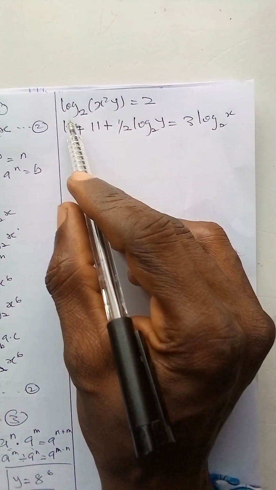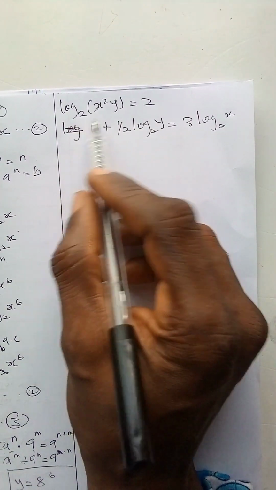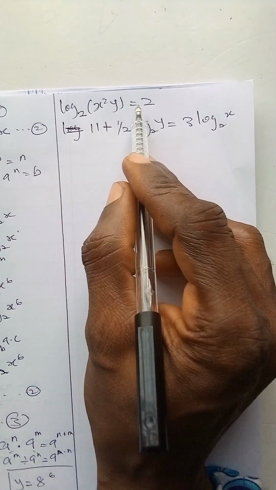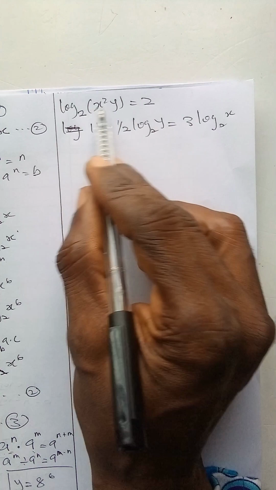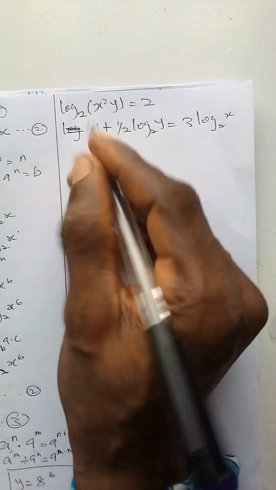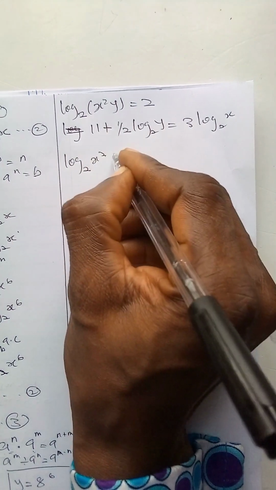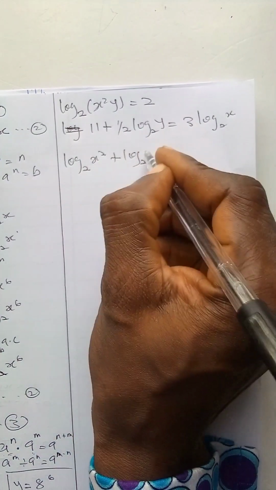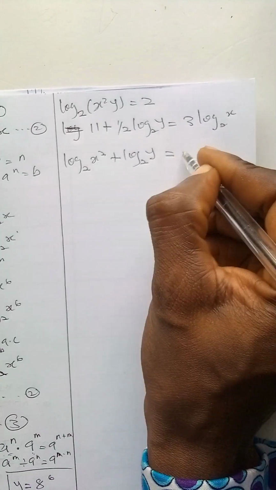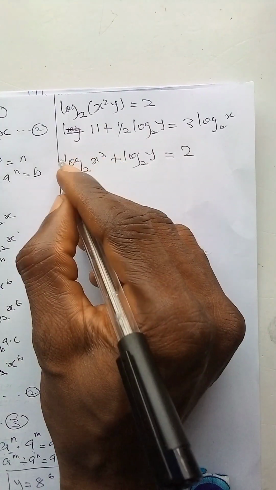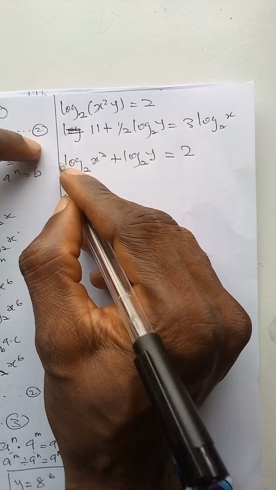Now, we have the question. So we'll apply the addition law of logarithm, the product law of logarithm, to open this bracket. It becomes log to base 2 of x squared plus log to base 2 of y is equal to 2. Now, these two will come down according to the power law of logarithm.